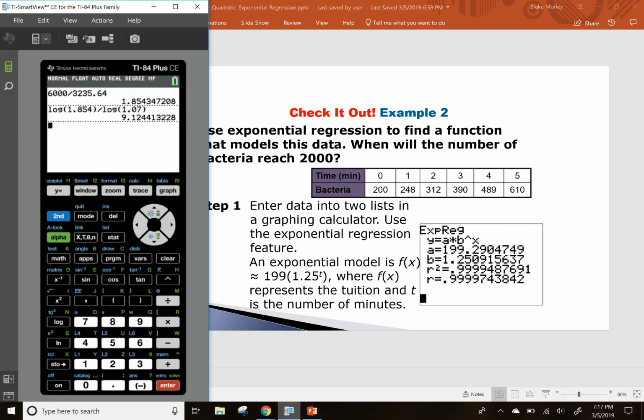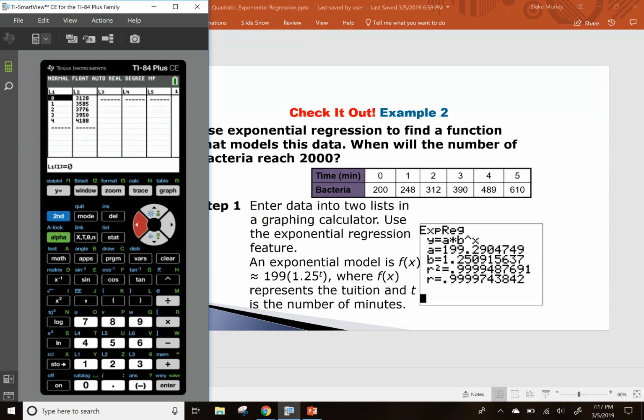So on our calculator, go back to stat, and let's edit these lists. All I really got to do is add a 5 to this list. Let's put a 5 down there. And then I need to change all these, so let me just go ahead and clear all that and type these in.